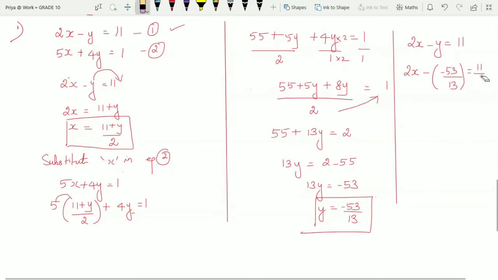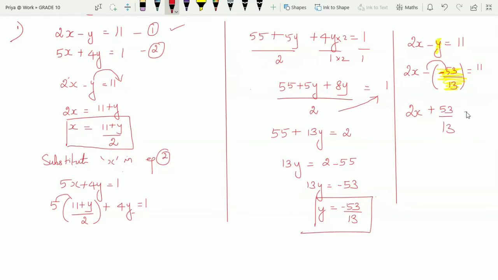Make sure to write the value inside the bracket, as 53 by 13 is negative. I'm substituting only for y, so don't confuse this with the subtraction symbol. 2x minus of minus will become plus 53 by 13 is equal to 11.